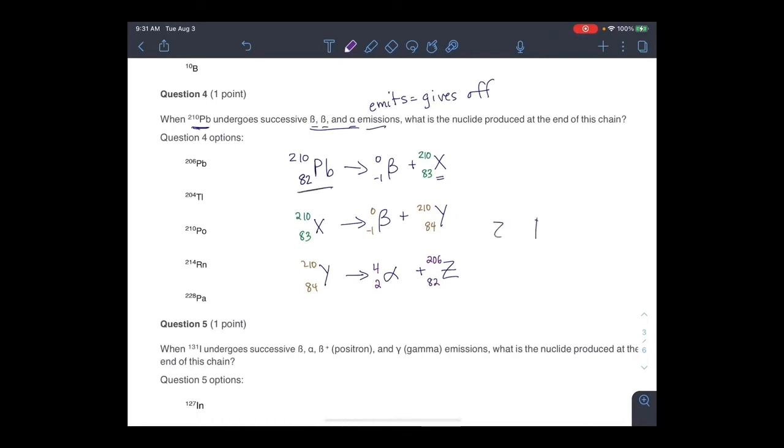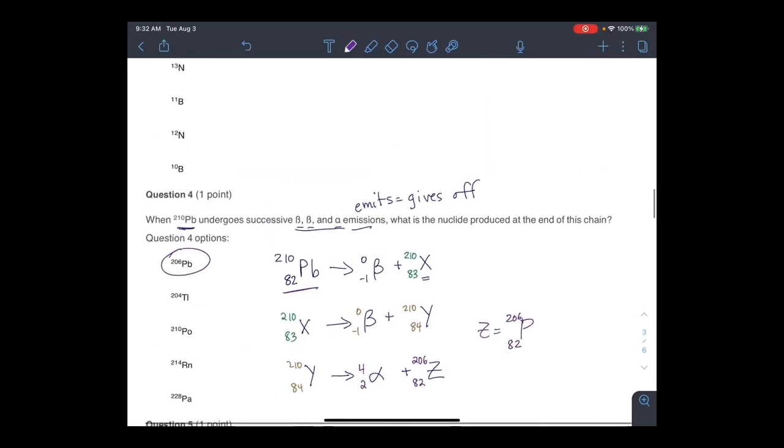That means Z is equal to lead 82, 206. There we go. So as I work through this problem, it's just 3 successive nuclear reactions to get that final product. And I don't have to worry about the ones in between because I'm not trying to identify them in this problem.